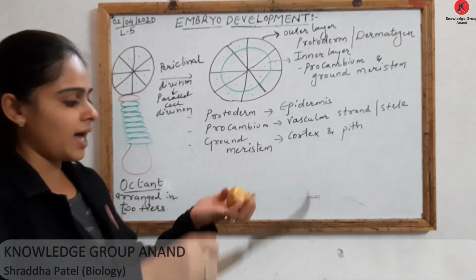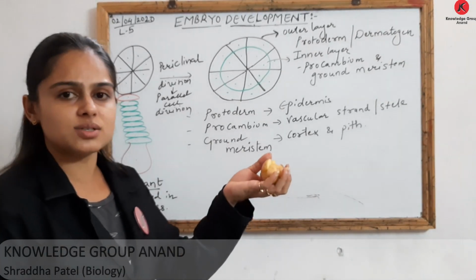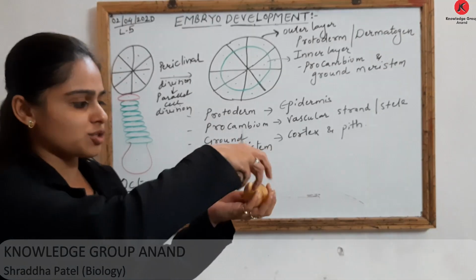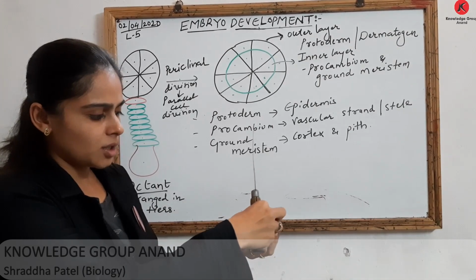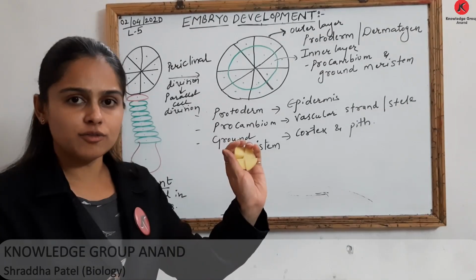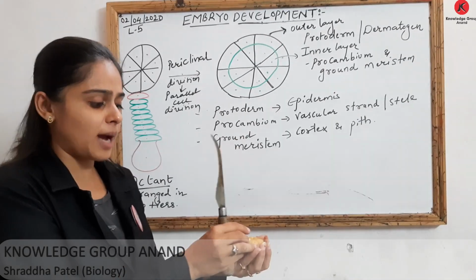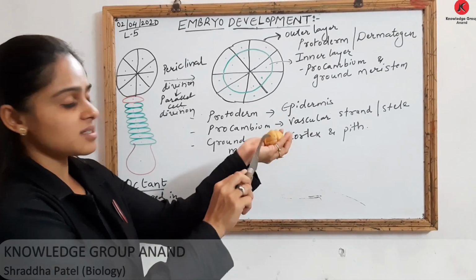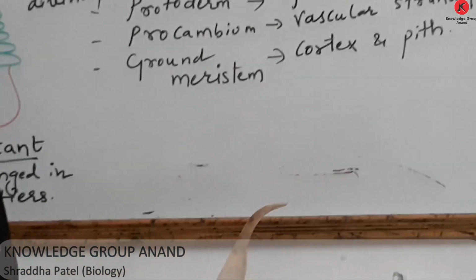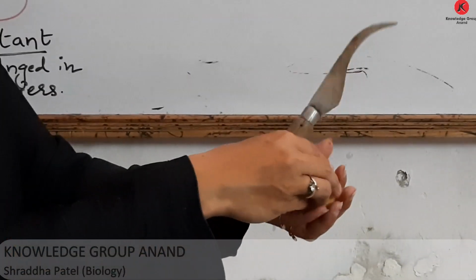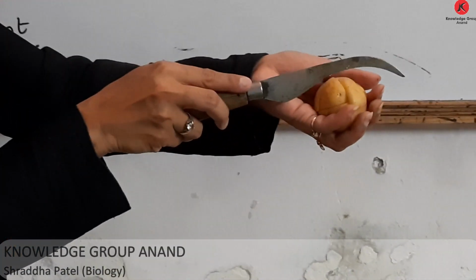Okay, now look, ये आपका क्या है भाई? Octant. This is your octant, right? This is your upper 4 cells and these are your lower 4 cells. Now what happens? मैंने आपको क्या बोला कि now this undergoes your periclinal division. Periclinal मानी मैंने आपको बोला parallel, ठीक है? So parallel in the sense it will be like this.